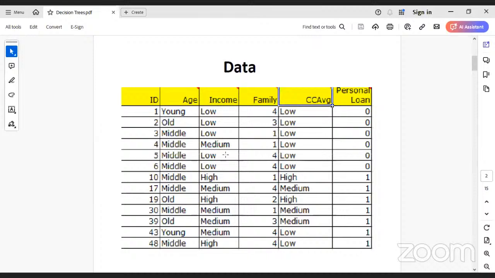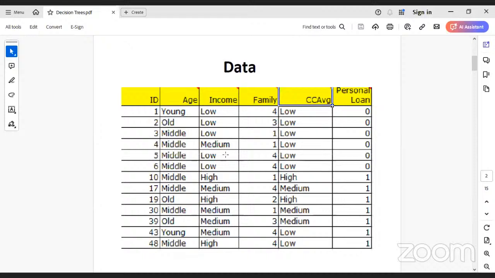The column names are ID, age, income, family, CC average, that is credit card average, and personal loan. In age, we have young, middle, old. These are called classes, levels, or categories.